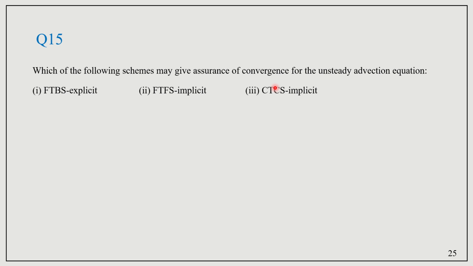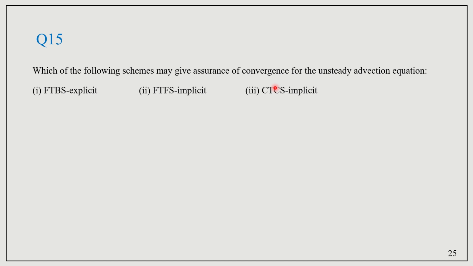So the first one, FTBS explicit, will be conditionally stable, but stable. And FTFS implicit and CTCS implicit, both of them will be unconditionally stable.